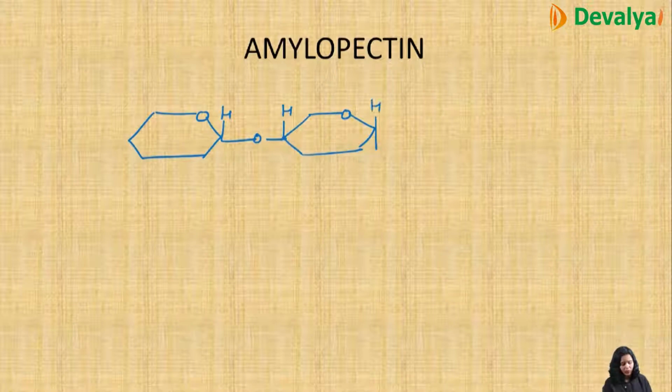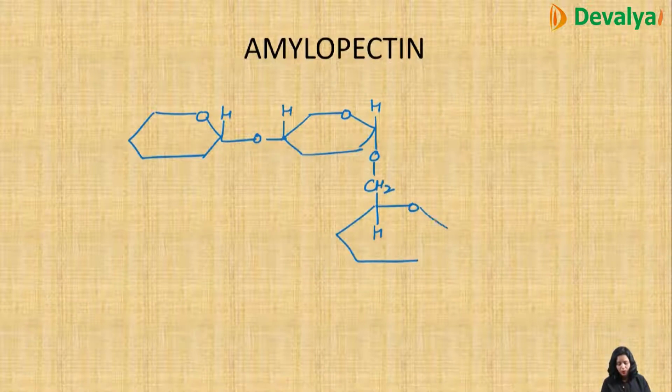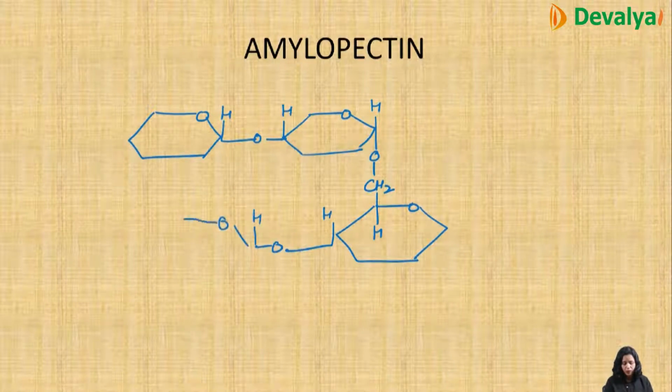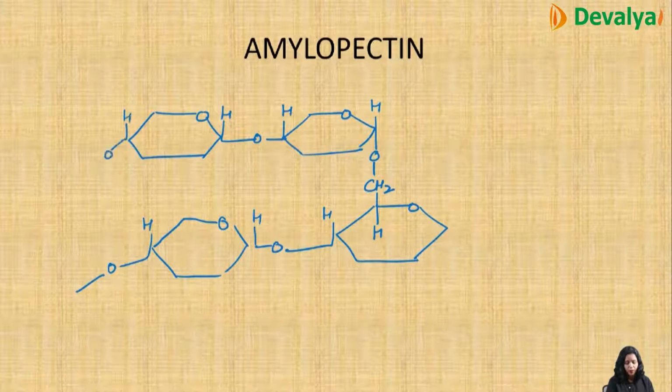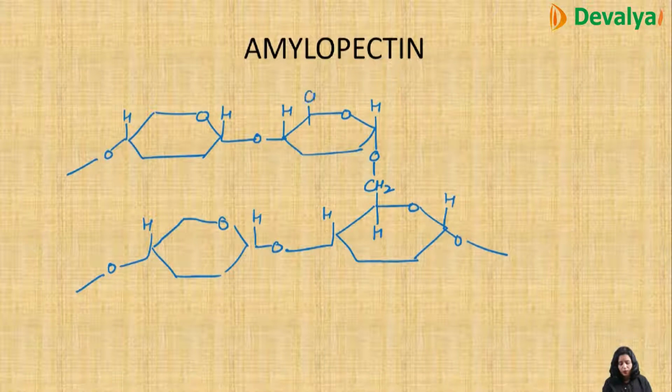Now this is H and O and CH2, H, this way, and now again H, O, H. H, O this side, H, O this side, and H, O this side. So here it is CH2OH, H, CH2OH, H, OH, H.